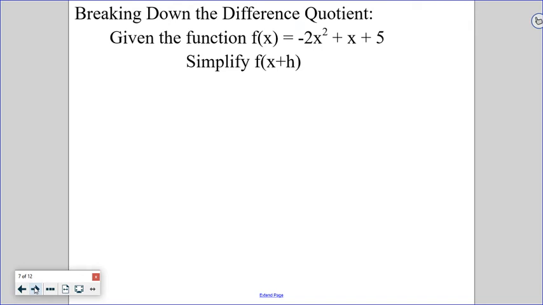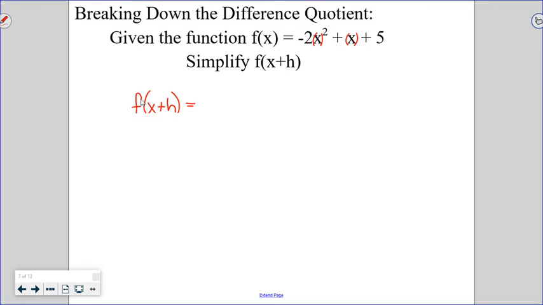So if our function is -2x squared plus x plus 5, and I ask you to evaluate that function at x plus h, remember how we attack something like this. I'm going to write out this function, but everywhere there's an x, I'm going to put in a parentheses to just leave a space for what I'm plugging in, right?